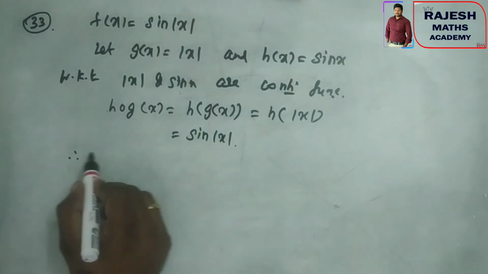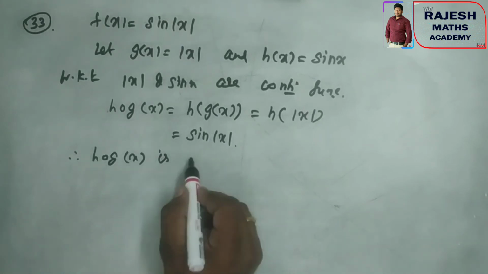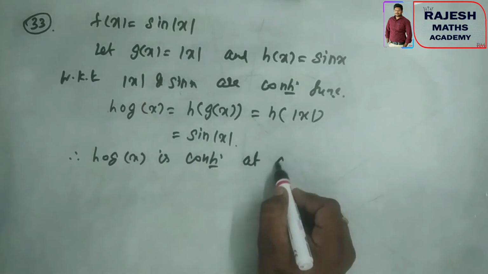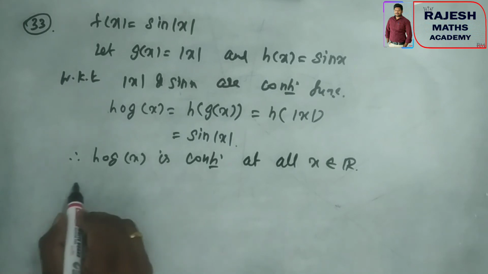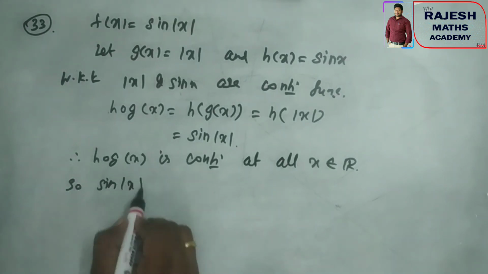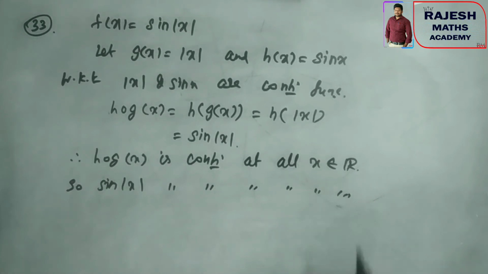Therefore h composition g of x is continuous at all x belonging to the real numbers. So I can say that sine of modulus of x is also continuous for x belonging to R. Clear?